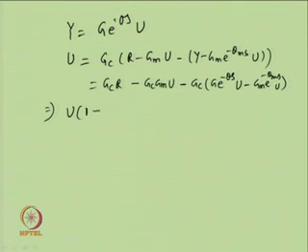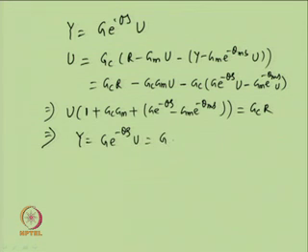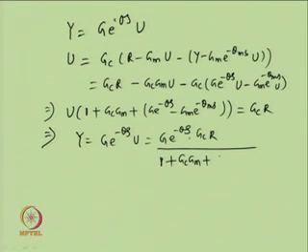Collecting the terms, one obtains u times (1 + G_C G_m + G e^(-θs) - G_m e^(-θ_m s)) equal to G_C r, thus giving us y equal to G e^(-θs) u equal to G e^(-θs) times G_C r upon 1 + G_C G_m + G e^(-θs) - G_m e^(-θ_m s).